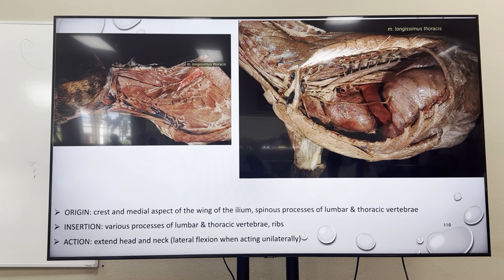Oh, it's intermediate, in between both of them. Longissimus is in between. So how would you describe the relationship of the longissimus to the transversus spinalis? Lateral. Yeah. What about the iliocostalis? Medial.